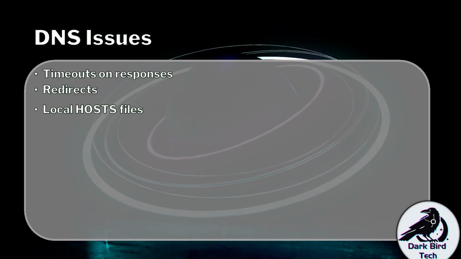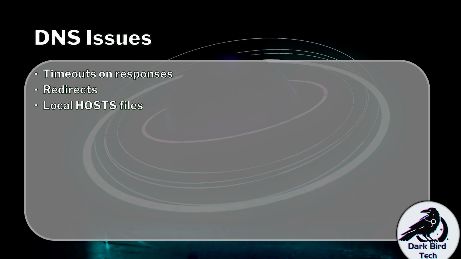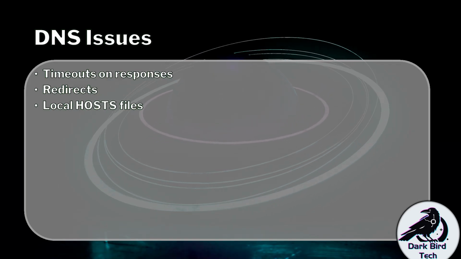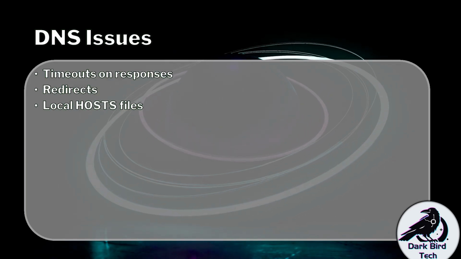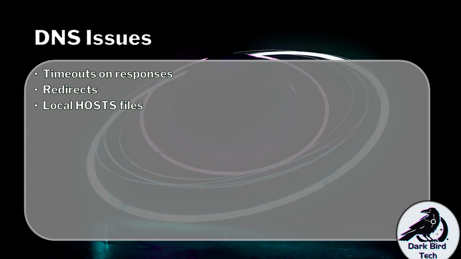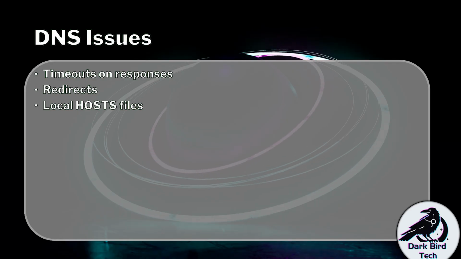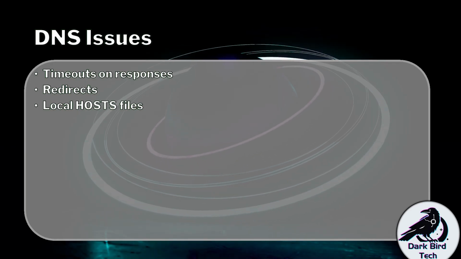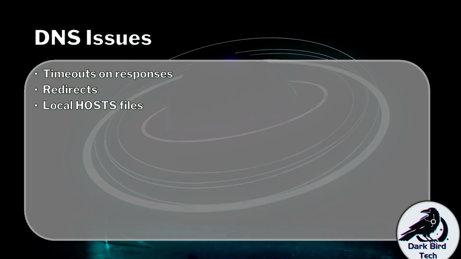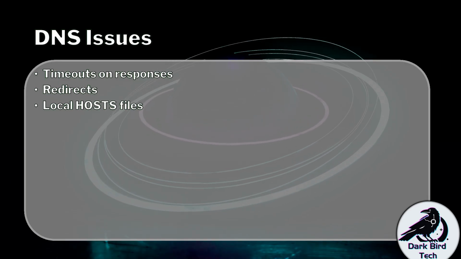You also might have entries in your local hosts file. Windows, Unix, Linux, various operating systems have a text file usually tucked away somewhere under a system directory or folder, called hosts or something to that effect. It's an ordinary text file where you can go in there and you can type any name you like, tab, and then any IP address.